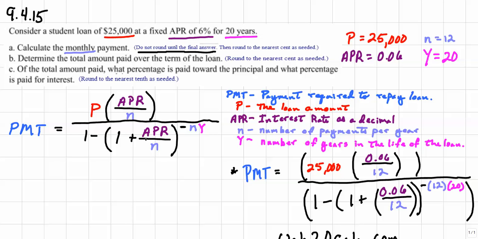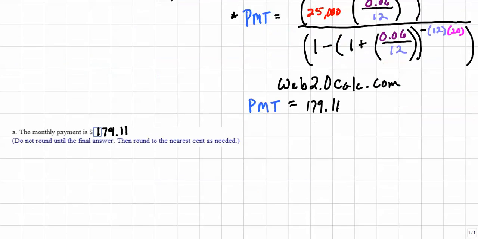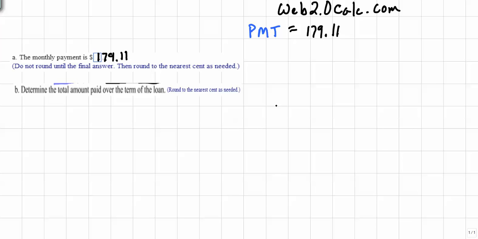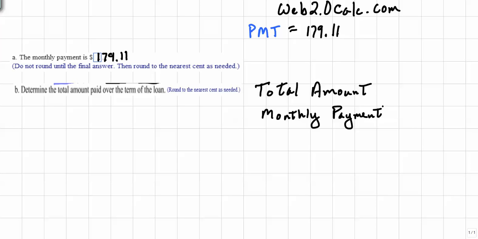Well, that one's not going to be all that difficult because we know that the total amount paid over the term of the loan, Part B, is going to be found by taking the monthly payment, so total amount is going to be the monthly payment, and we're going to multiply that by 12, which is the number of months in the billing cycle, which is 1 year, and then we're going to multiply that by 20.